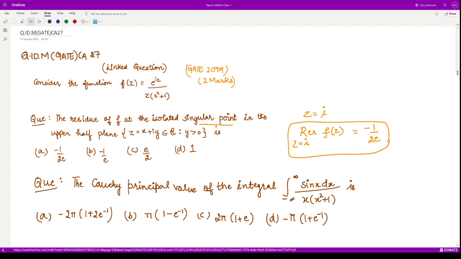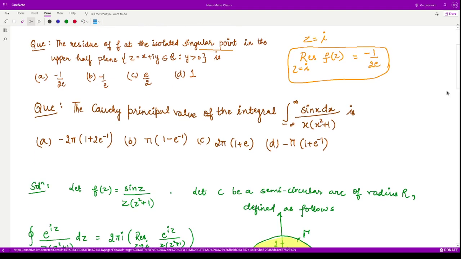So now in this video they are asking what is the Cauchy principal value of this integral. Notice that this integral is evaluated from minus infinity to infinity of x, so we are talking about real x's only.